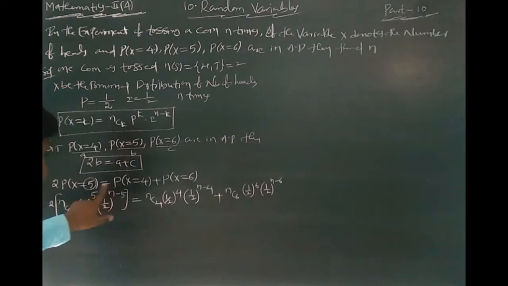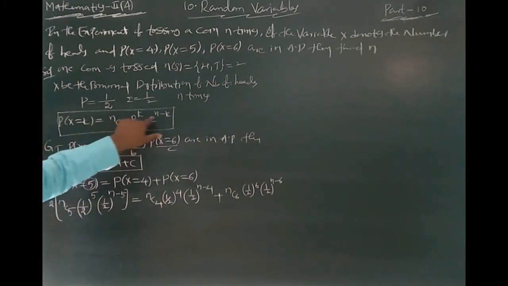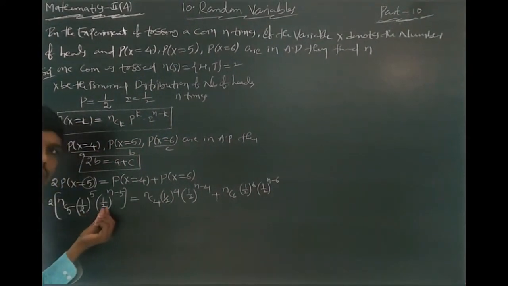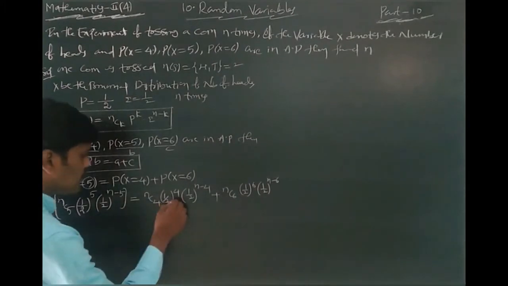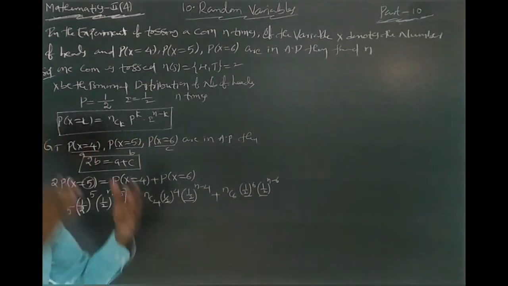Understood or not? Here in this formula you take n value n, p value 1 by 2, q value 1 by 2, and k value is 5. After that, here the 1 by 2 bases are equal, so the powers should be added. Here also the bases are equal, powers should be added. Here also the bases are equal, powers should be added.